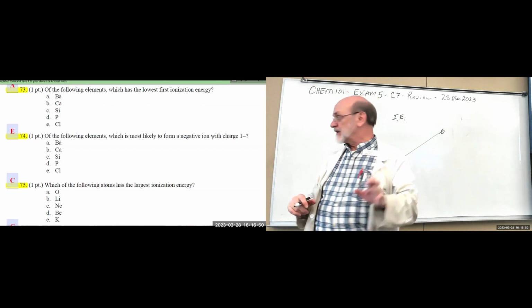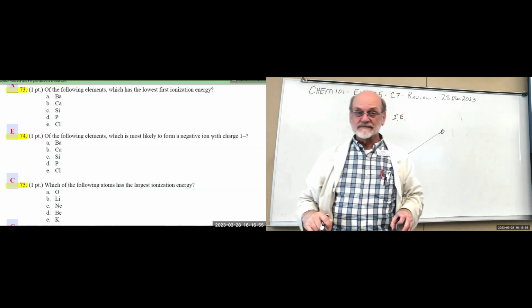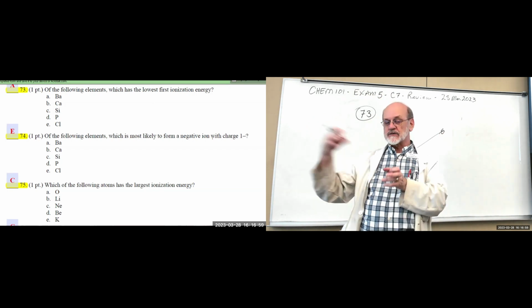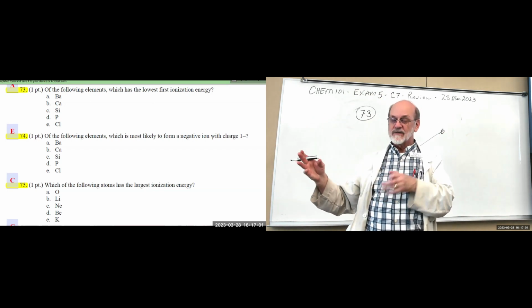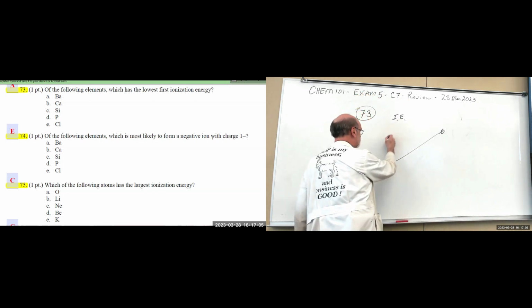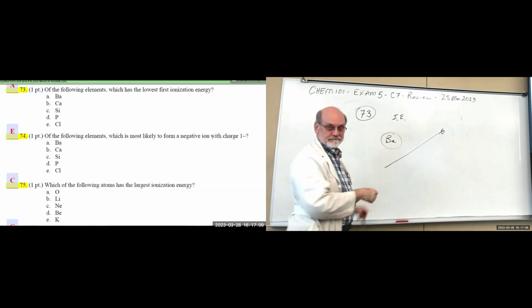Right? Where's barium? Barium is in the lower left-hand corner. Calcium is above barium. Silicon's to the right, phosphorus to the right, chlorine's to the right. Barium has to be the lowest ionization energy. There. Okay.